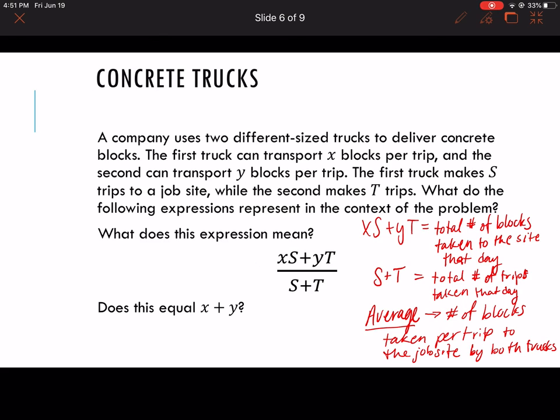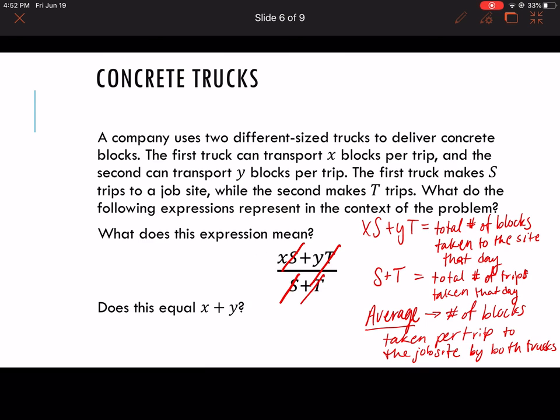Does this equal X plus Y? The reason we're asking this question is that some people like to cancel off these S's and T's and get just X plus Y. When you tie it to a context, the mathematics will follow, and you can see whether things work out like you want them to abstractly or not. A lot of people want to cancel those off, but it doesn't work, because what you have there is the average number of blocks taken per trip to the job site by both trucks.